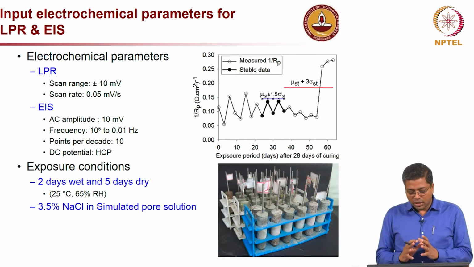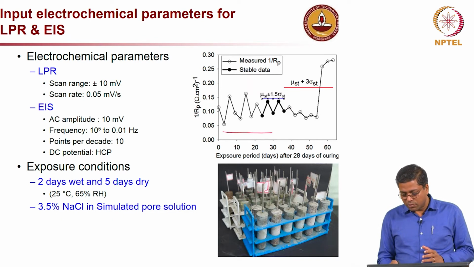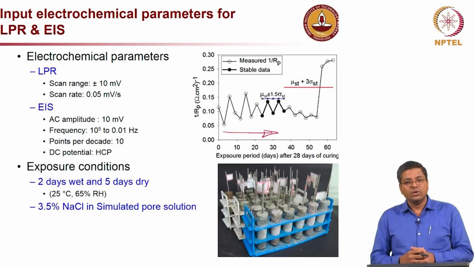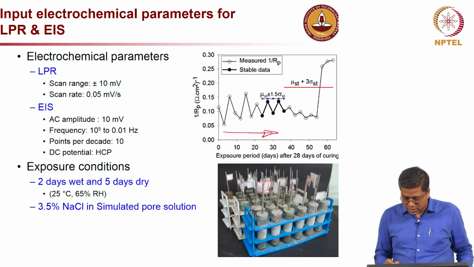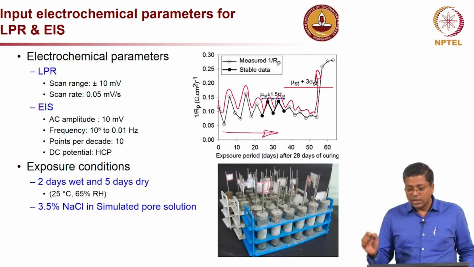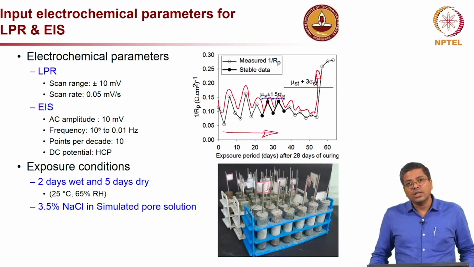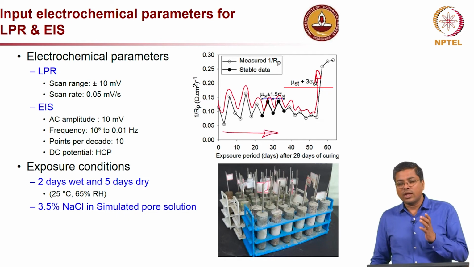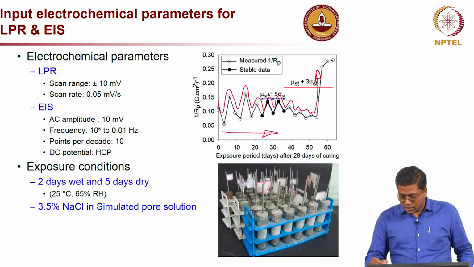But whatever be the case, the bottom line principle of this test method is that you expose the specimen to chlorides through wetting and drying, and continue incrementally as the chloride concentration at the steel surface keeps on increasing. Correspondingly you measure the corrosion rate at every cycle, and then find at one point there is a significant, or statistically significant, increase in the corrosion rate, and that is the time when the passive state changes to the active state of corrosion.